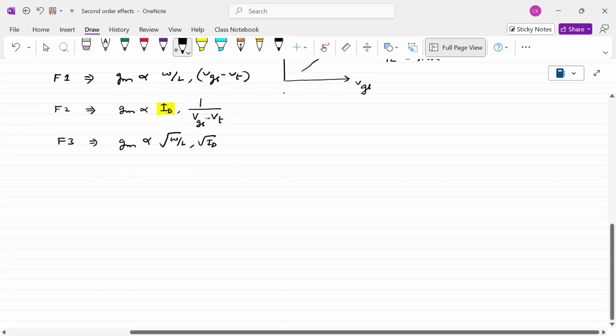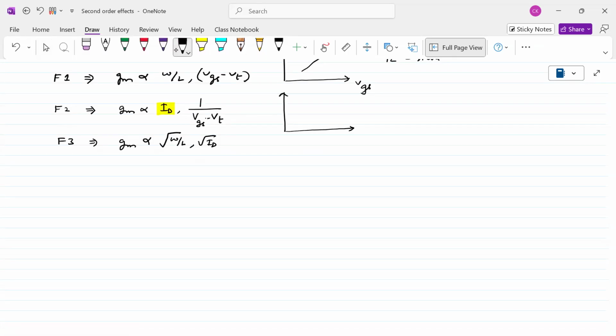For example, if you see the second case, GM versus ID. Here the VGS is constant, we are not changing the current value. Sorry, it's not VGS, it's ID. So GM will increase.